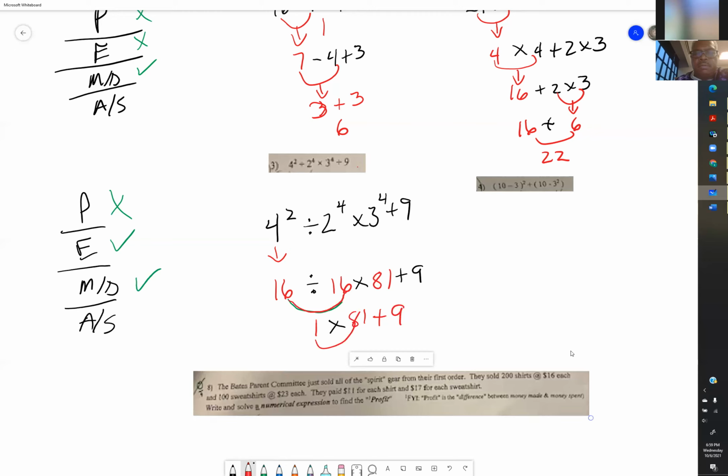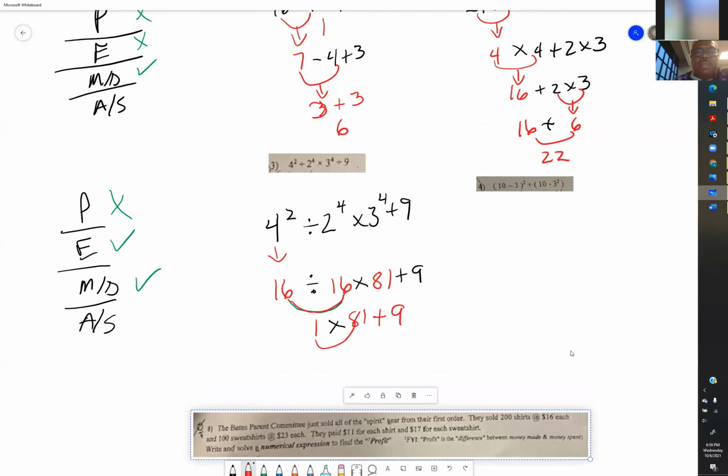Hold on. There we go. Okay, 1 times 81 is 81. 81 plus 9 is going to be 90. And we're done. So that one is done. That was a little different.